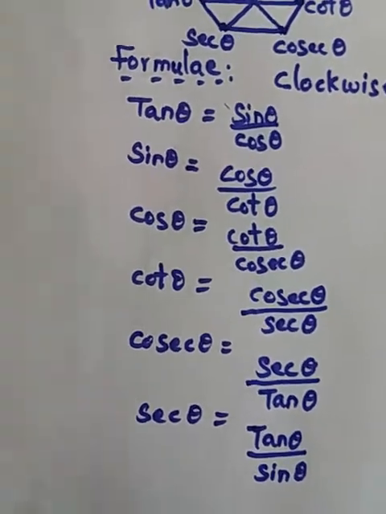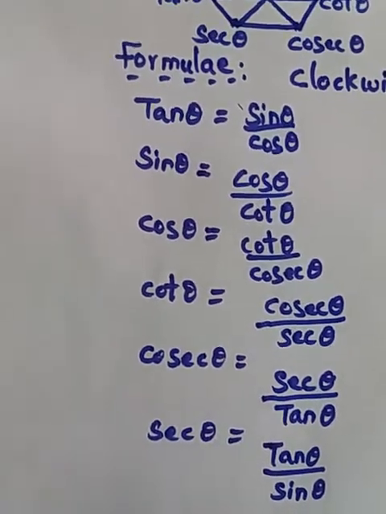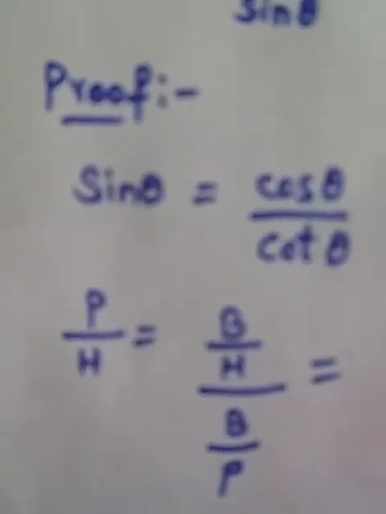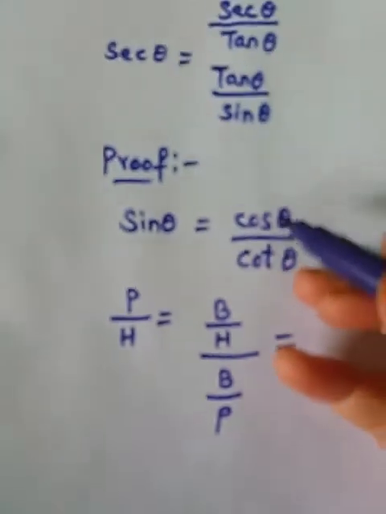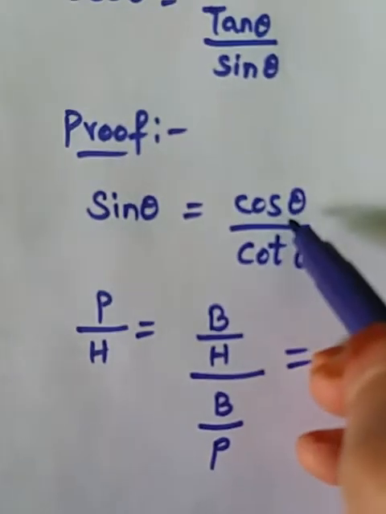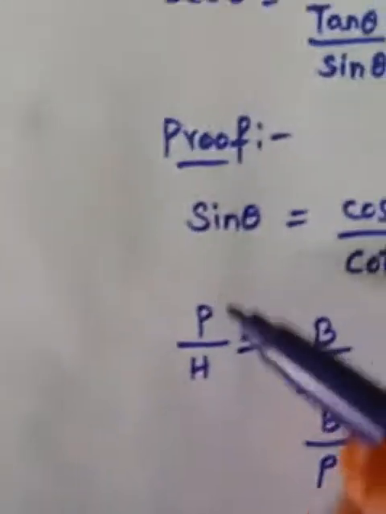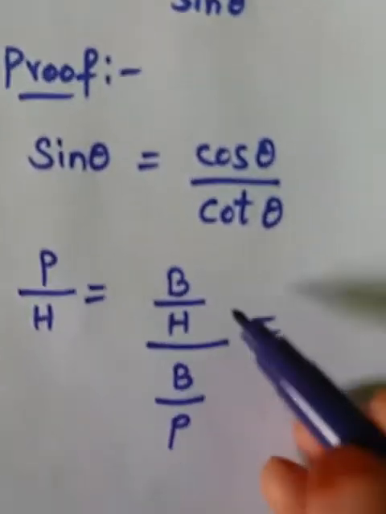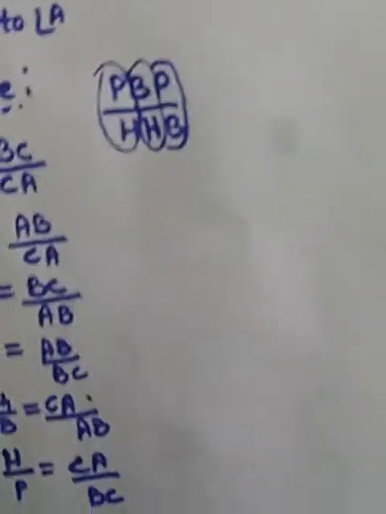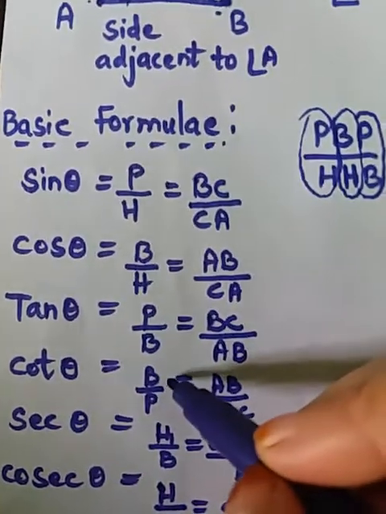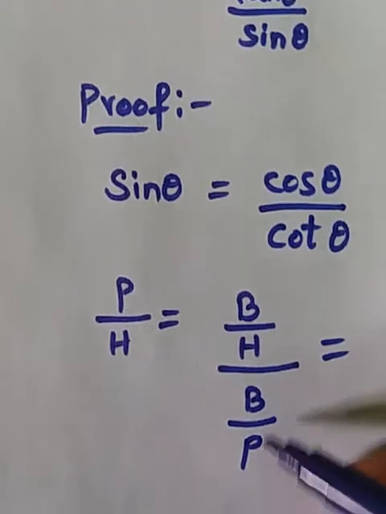Now if we want proof whether it is right or not, let me prove this. Suppose I have taken here sin theta. Here the sin theta formula is cos theta by cot theta. But for sin theta, we already know that the formula is P by H. So now let me prove P by H. So cos theta is B by H, base upon hypotenuse, by cot theta, whose formula is B upon P, base upon perpendicular.